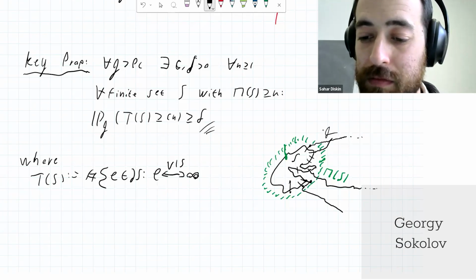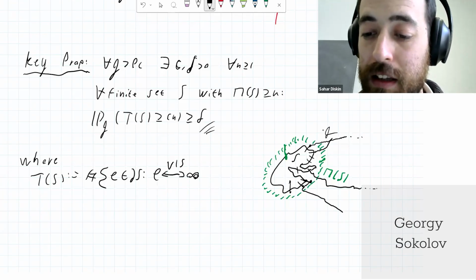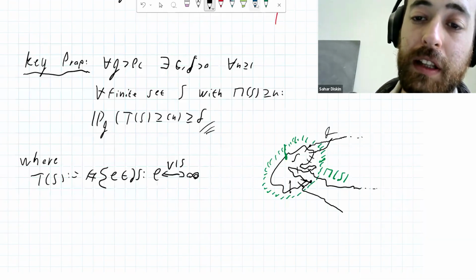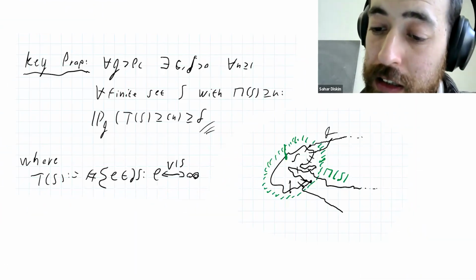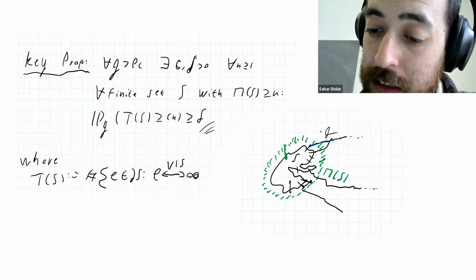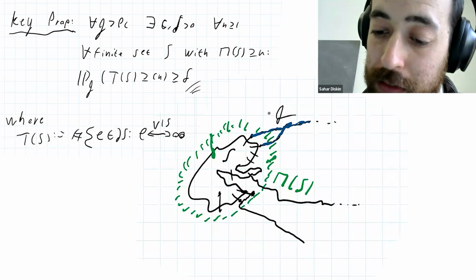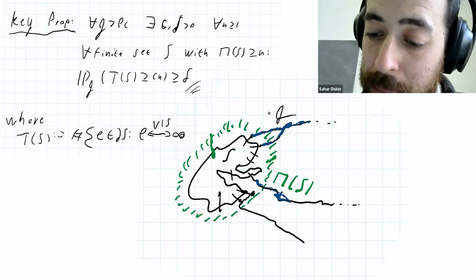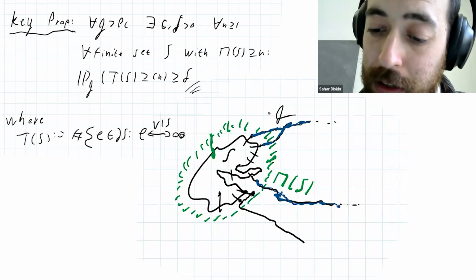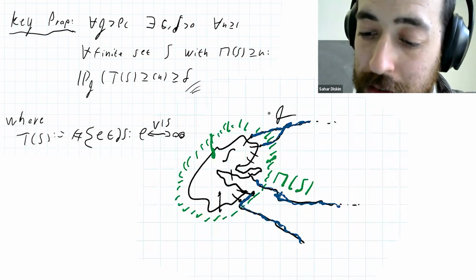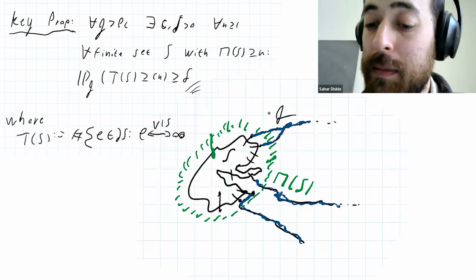Is pi of S in the original graph or after percolation? Okay, this is very important. So let me do it like this. Blue is percolated. So this is after percolation. S is a deterministic set.